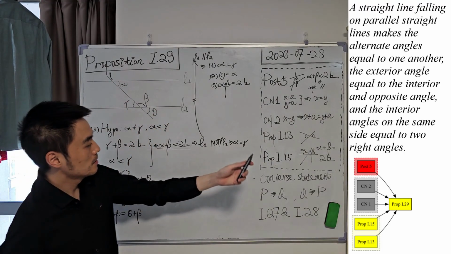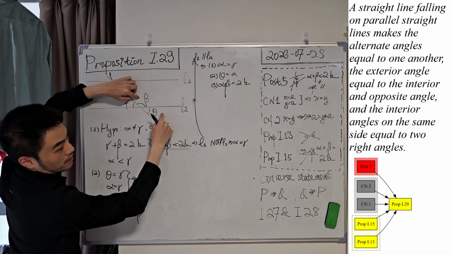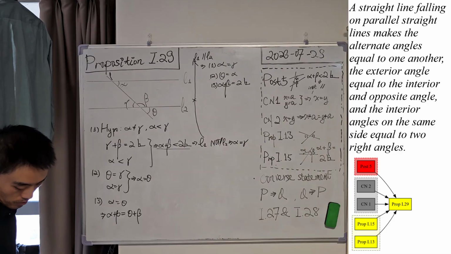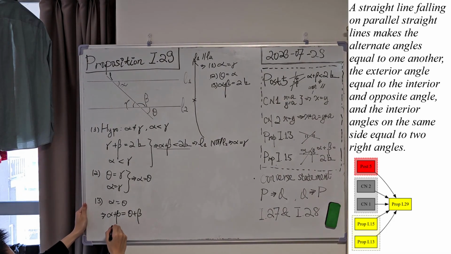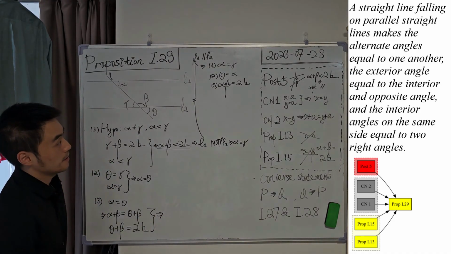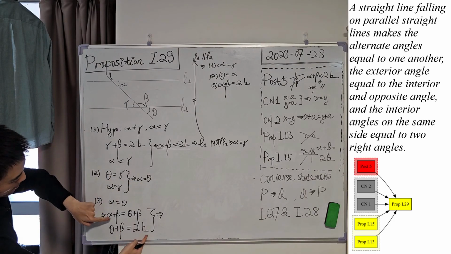And what is theta plus beta? Let's use proposition 15 again. The adjacent angles, the sum of them, will be equal to two right angles. So theta plus beta will be equal to two right angles. Then we combine them together and apply common notion 1 again. We know that they are the same, so they are equal.